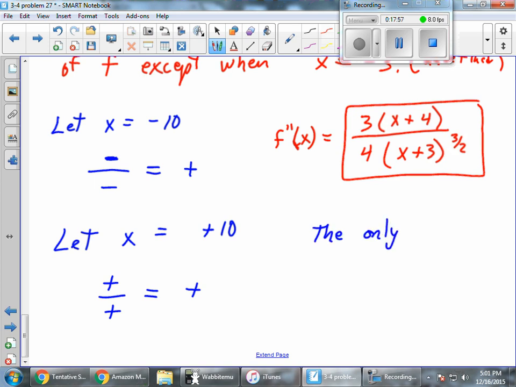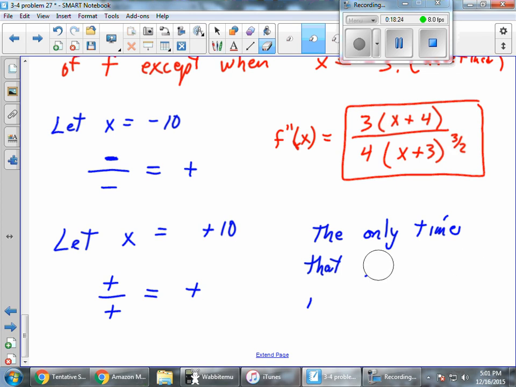The only time that f double prime of x equals 0, well, really it doesn't, because it'll be undefined.